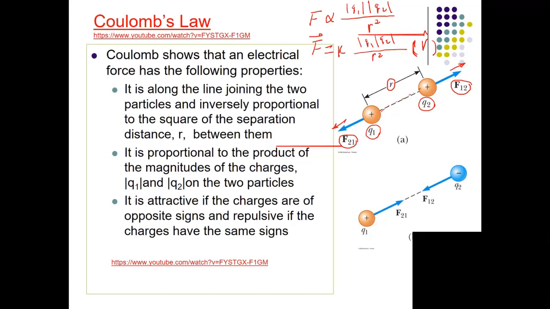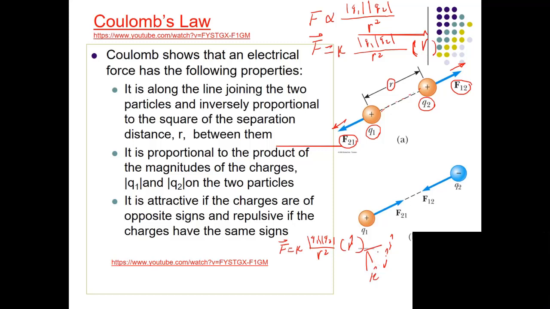So let me write it again. F is equal to K, Q1, Q2 magnitudes, over R squared, and r hat. Now r hat is a unit vector. It could be, for example, unit vector i, unit vector j, or unit vector k.